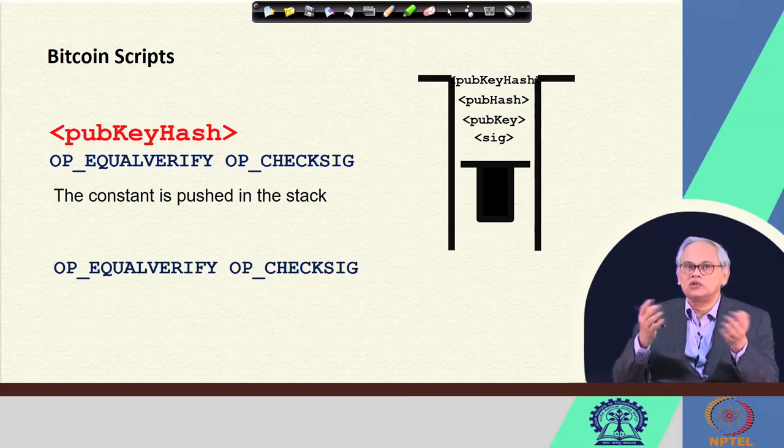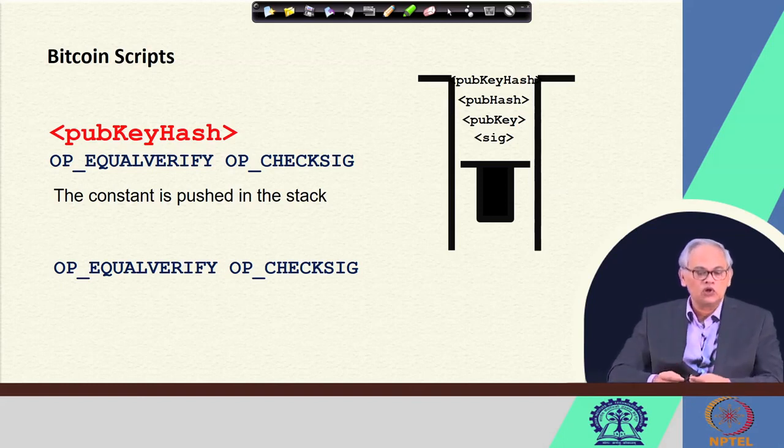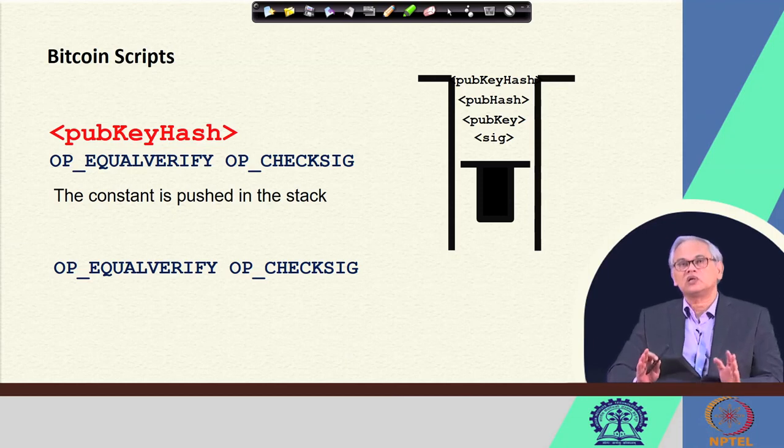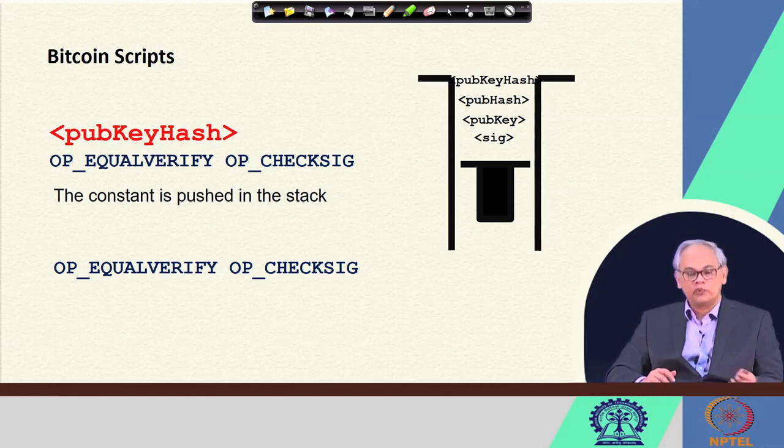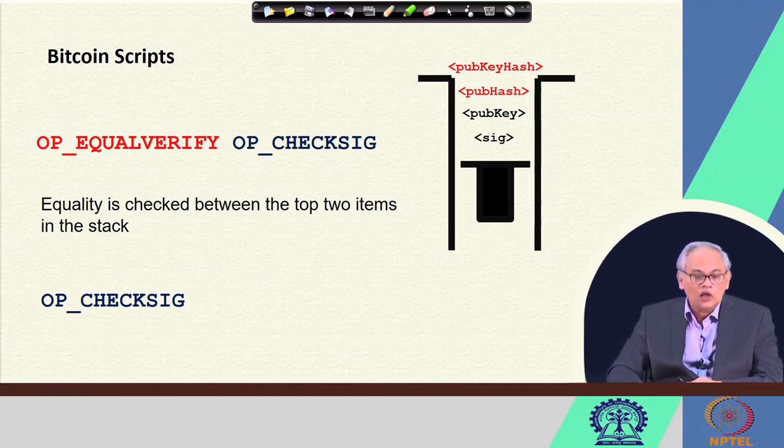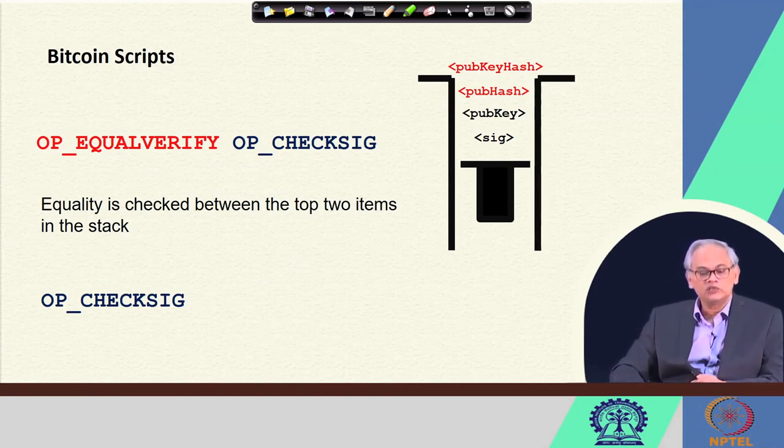And then what is now left in the script? The script is still left with this OP_EQUALVERIFY and then OP_CHECKSIG. So, this is the current state of the stack, the various elements, and these two parts which are still left in our script. Now, interestingly, we have this operation of OP_EQUALVERIFY.